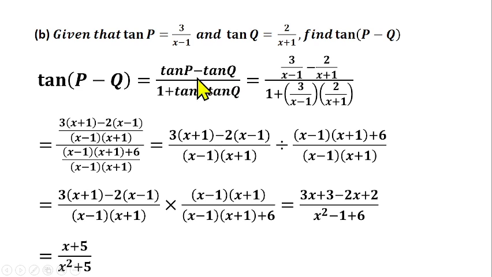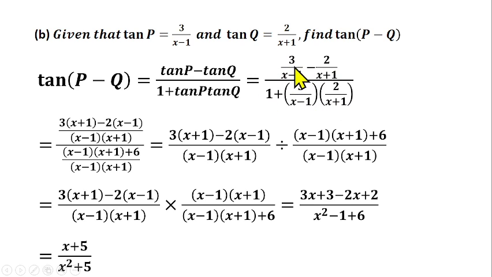This is trigonometry ratio of compound angle, if you remember it. So equals to, we know tan p is 3 over s minus 1, which is what you're having here, minus tan q is 2 over s plus 1, over 1 plus tan p, which is this, multiplied by tan q, which is this. Do we understand? So we can find the LCM of the numerator and LCM of the denominator.